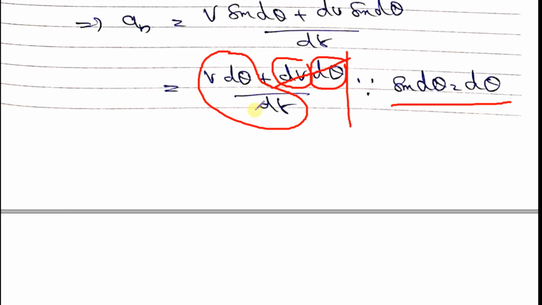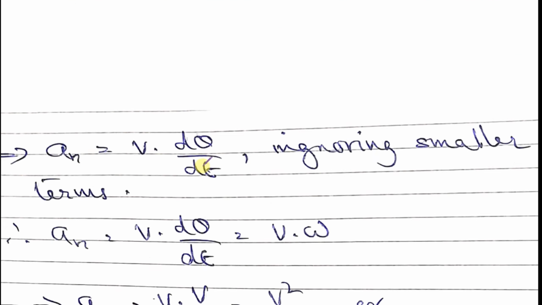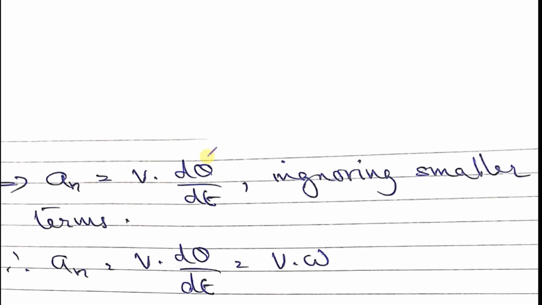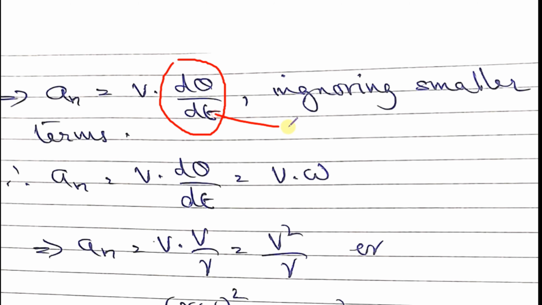So we can write AN is equal to V into d theta by dt. But we know d theta by dt is omega, the angular velocity, the change in angular displacement with respect to time.